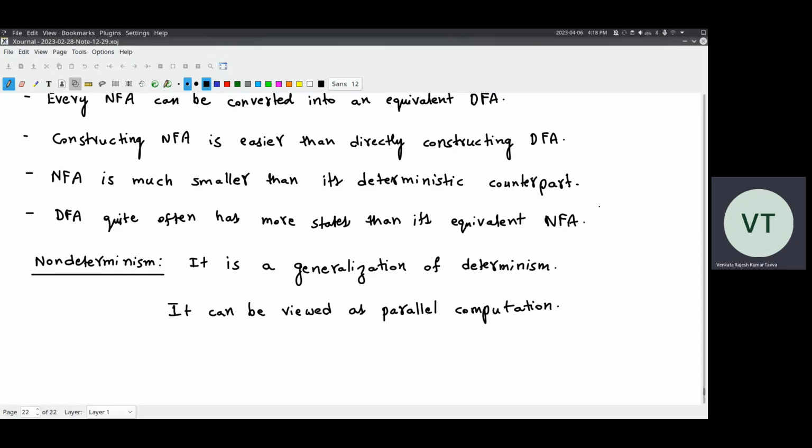But technically, NFA is no more powerful than a DFA. Both are equally powerful. The only thing is NFA is more convenient than a DFA. This is true only for finite automata. But when you go to pushdown automata, non-deterministic pushdown automata are more powerful than deterministic ones. But here, non-deterministic and deterministic versions are equally powerful. Only difference is convenience.